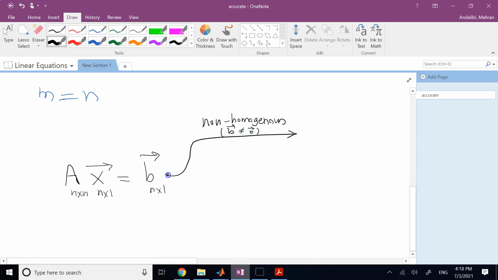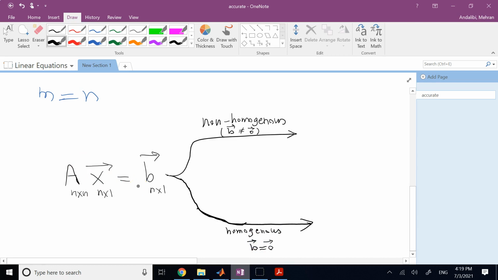That's one position we have to talk about, and the other case is what if b is 0? Okay, so the set of equations, we call them homogeneous, which means b is 0. So all of the right-hand side is 0. So you're basically solving A times x equals 0.